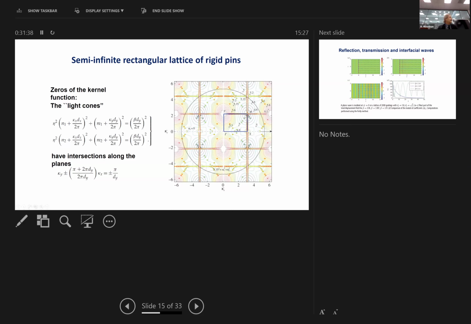So, for example, here I look at a diagram which can be interpreted as the projection of the dispersion surface to the kx, ky plane, where kx, ky are components of the wave vector.